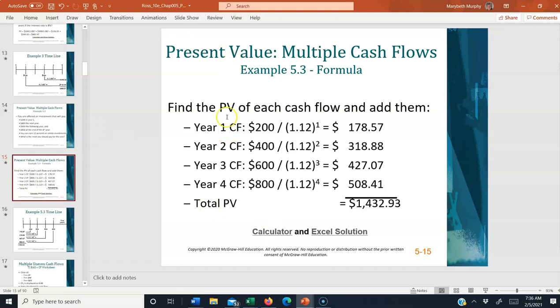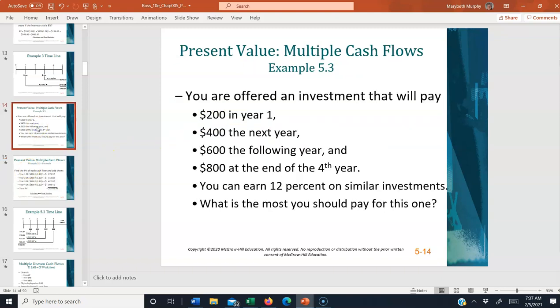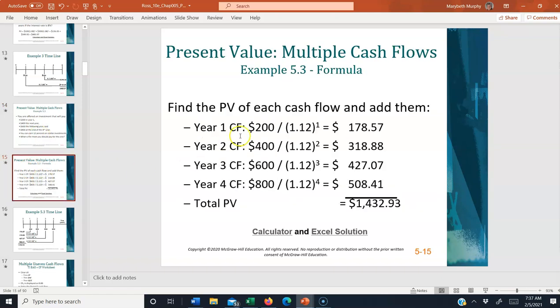So the cash flow is the amount that we're going to receive in a year. We take the 200 divided by 1.12 to the first power, which equals 178.57.